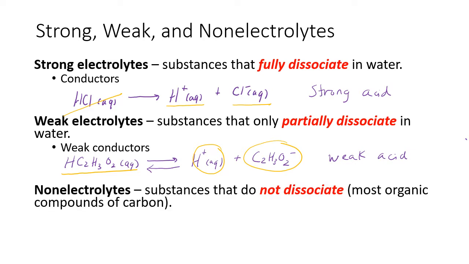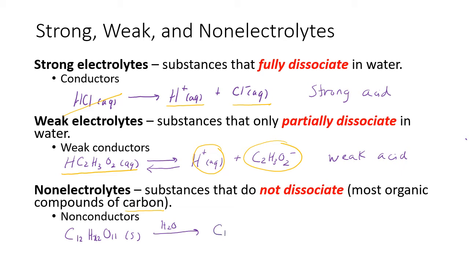A non-electrolyte is a substance that does not dissociate at all, so it will not produce any ions. How you can identify a non-electrolyte is look for compounds of carbon or organic compounds. This is going to be a non-conductor of electricity. An example could be sugar, C12H22O11. Sucrose is a solid compound, and when you dissolve it in water, it does not ionize at all.